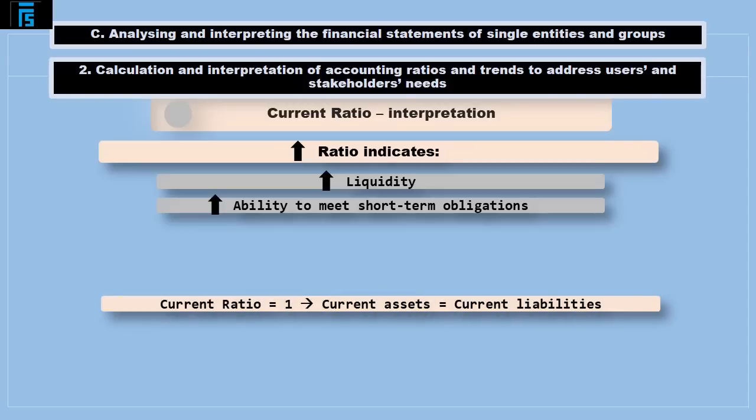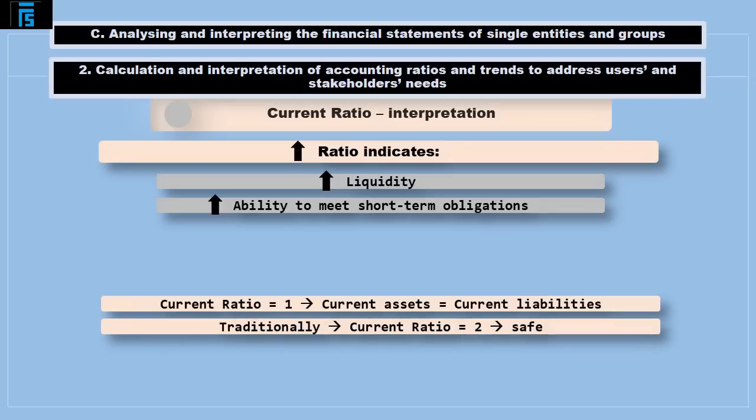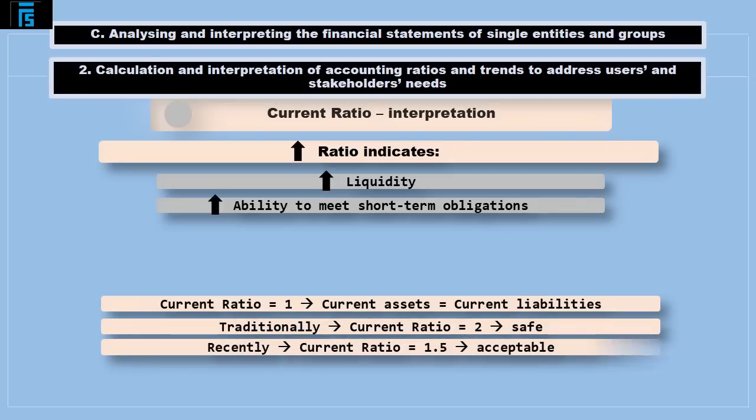A current ratio of 1 would indicate that the book value of current assets exactly matches the book value of current liabilities. Traditionally, a current ratio of 2 was often regarded as safe. More recently, however, ratios of closer to 1.5 are increasingly being regarded as acceptable.